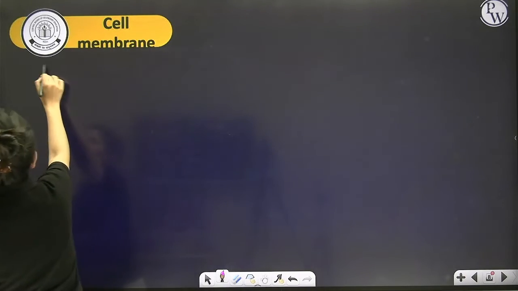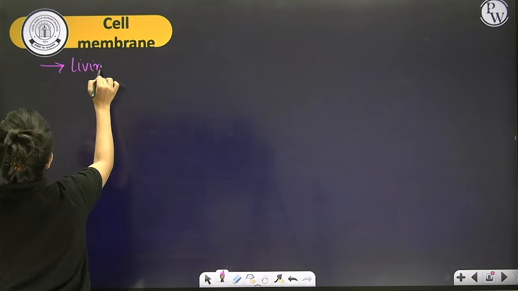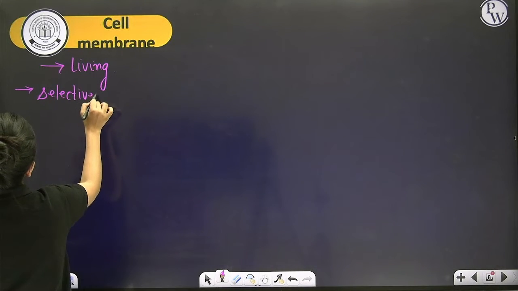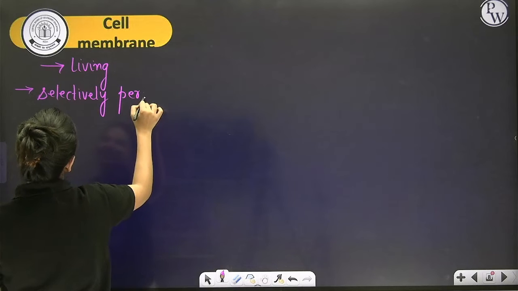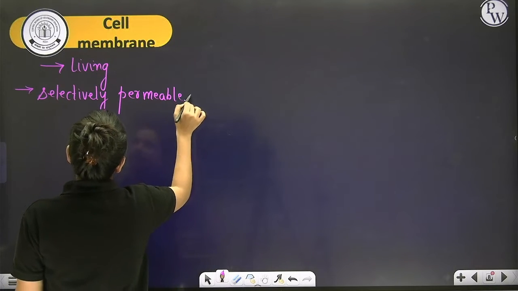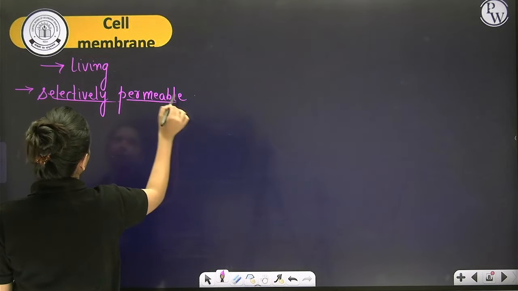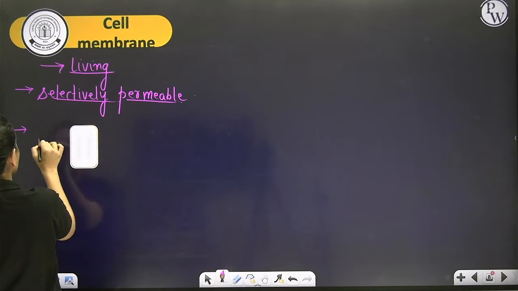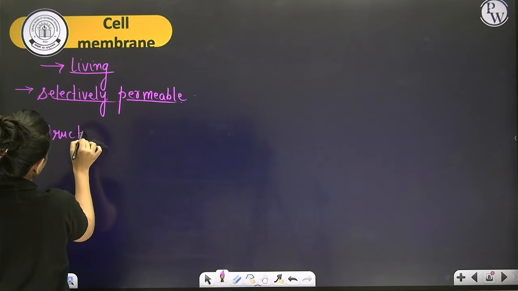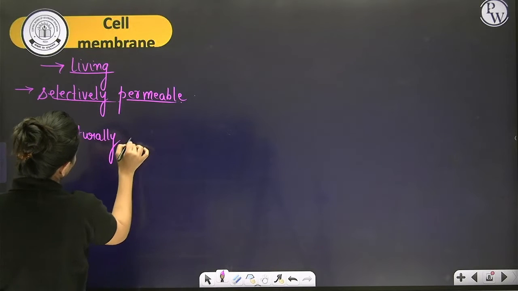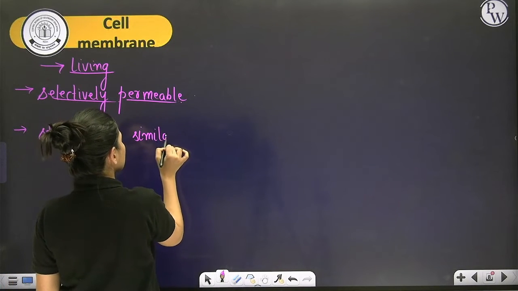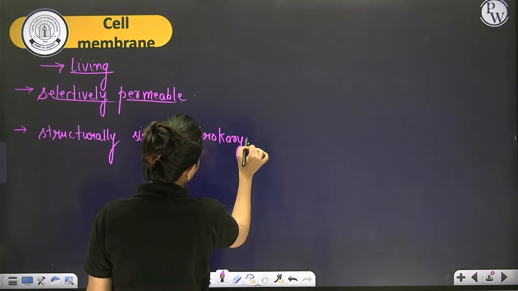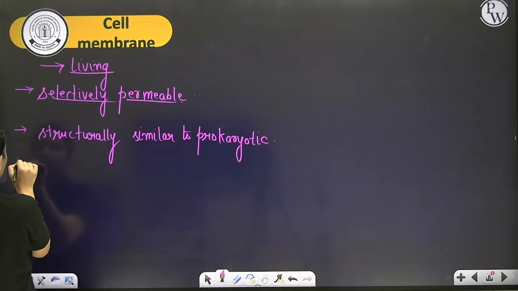So, living membrane, first point. Second, it is a selectively permeable layer. Third, structurally similar to prokaryotic cell.